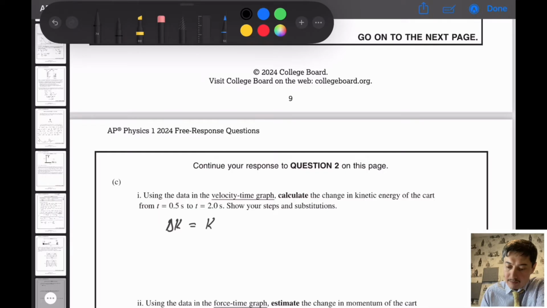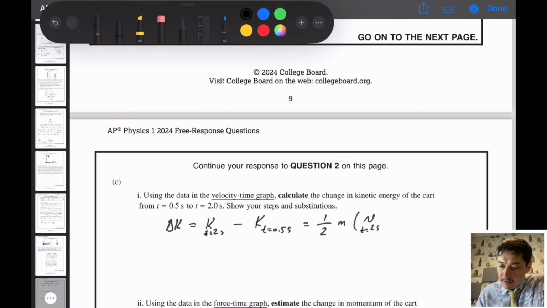Kinetic energy at 2 seconds minus kinetic energy at 0.5 seconds. And we know that kinetic energy is equal to half m v squared. So in this case, it's going to be v at 2 seconds squared minus v at 0.5 seconds squared. So half, the mass is 0.25.